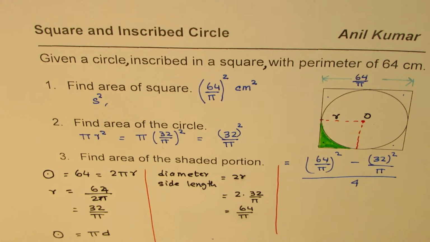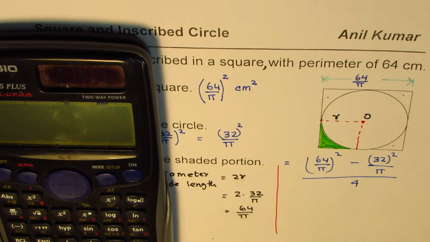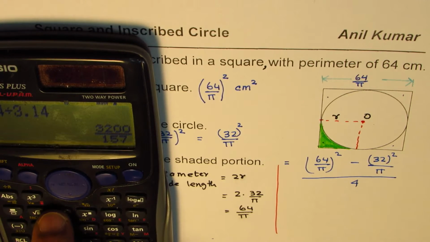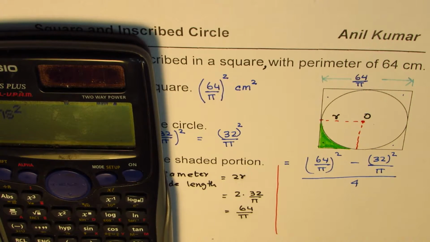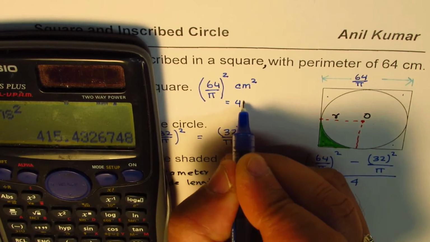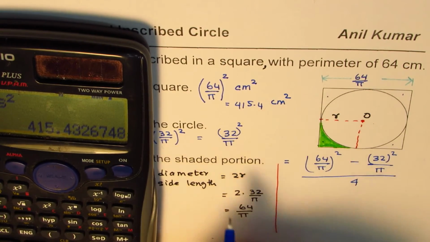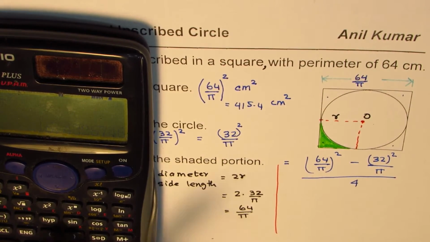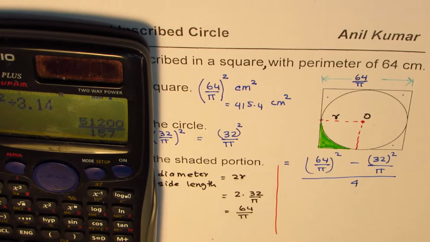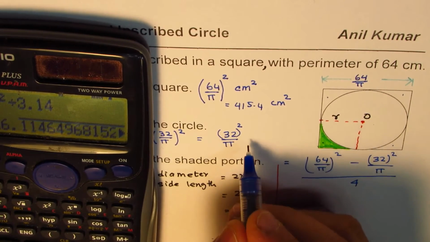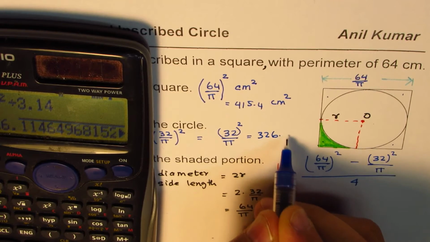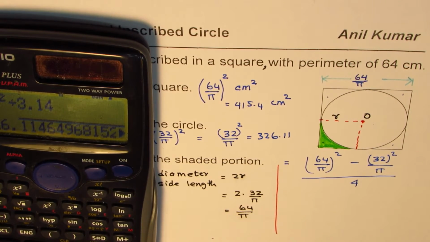You could always find their values. Let's do that. 64 divided by 3.14 or pi, squared, equals 415.4 centimeters squared. And here we have 32 squared divided by 3.14, which in decimals is equal to 326.11.